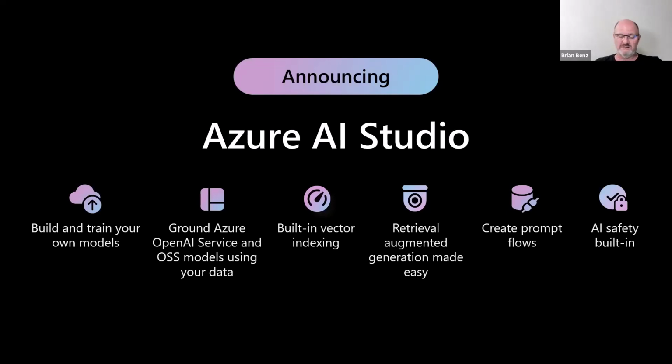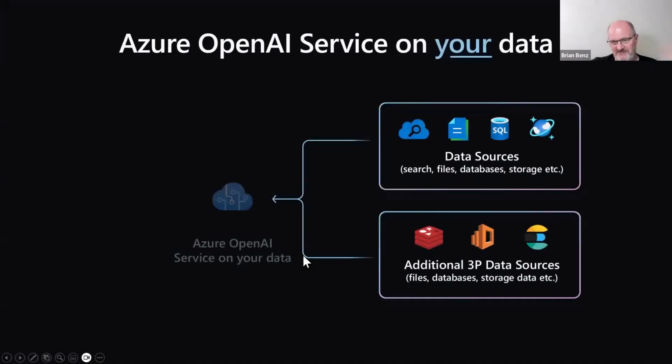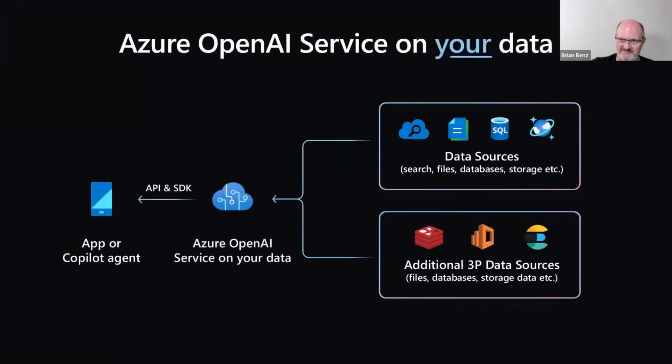You can use your choice of vector indexing, MySQL, Postgres. We have Cosmos DB, which is a multi-model database, including MongoDB and some others. And then RAG is pretty easy with that, and you can create prompt flows. And we do have safety built in. I'm going to show you a demo of that in a little while, how it takes my prompt and rewrites it. And it does give me the changed prompt. It's pretty interesting. You'll see.